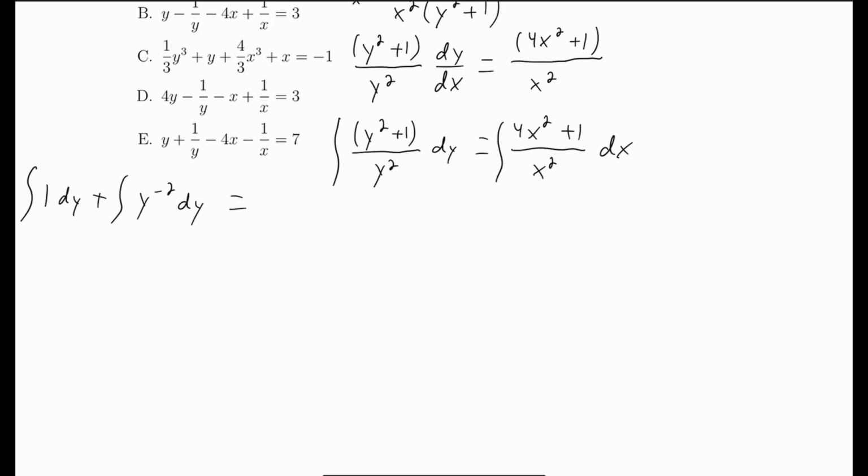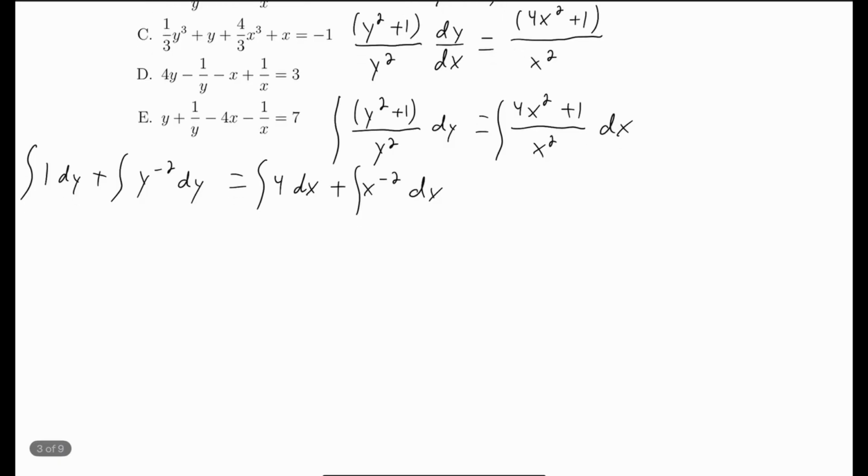And that's equal to the integral of 4x squared over x squared is just 4 dx, and then plus 1 over x squared, again, I'll write that as x to the negative 2 dx. You could keep these as single big integrals if you want, it doesn't matter.